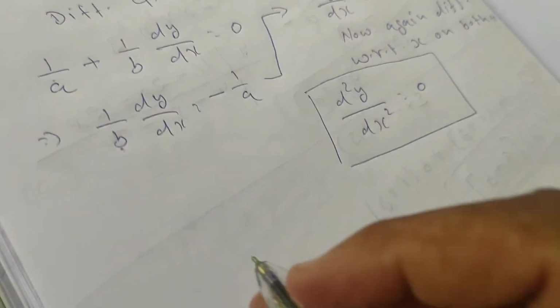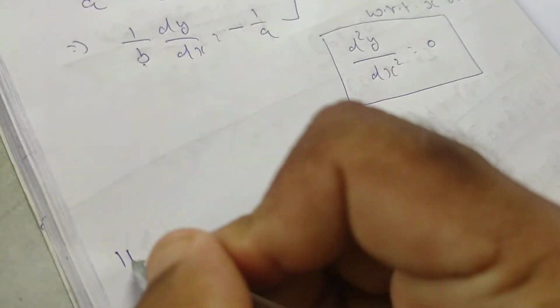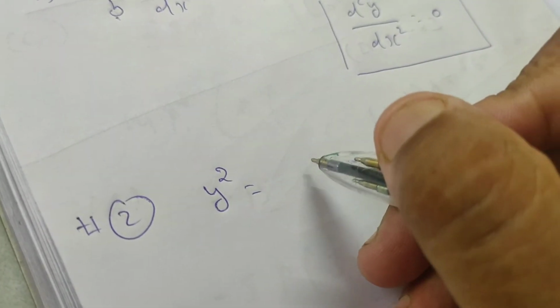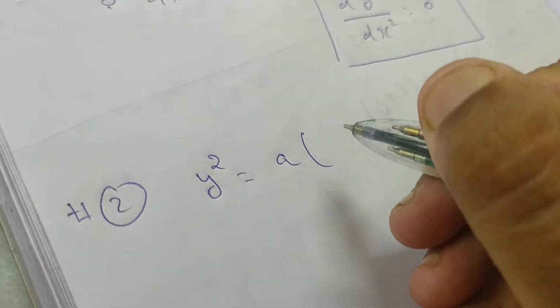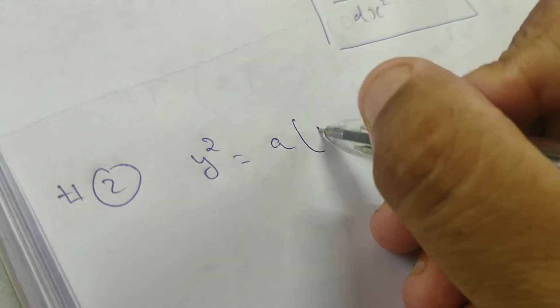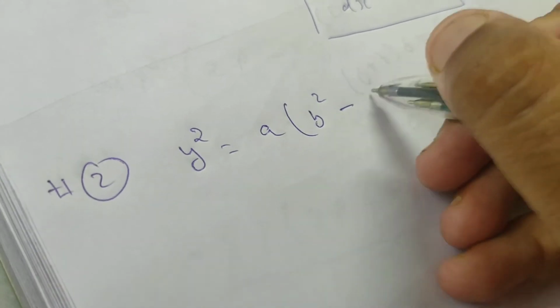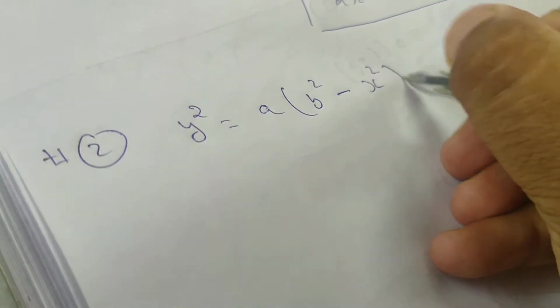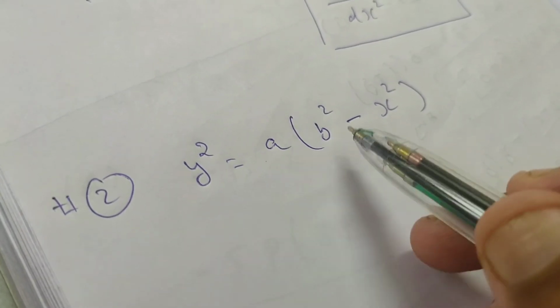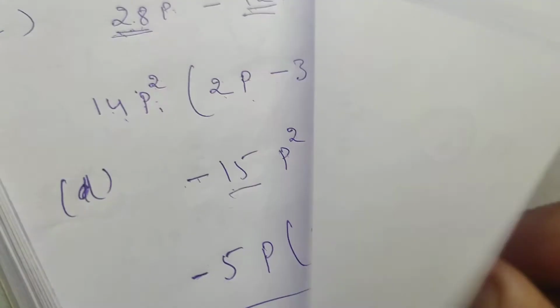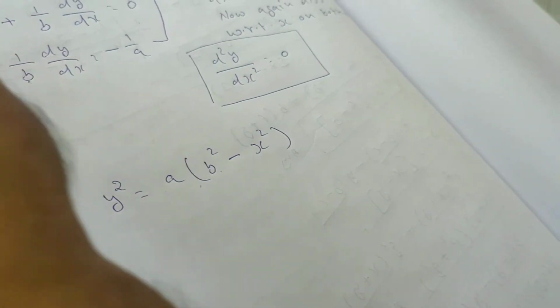Now in the same manner, the second question is y square is equal to a into b square minus x square. Since there are two arbitrary constants, firstly multiply inside the bracket.